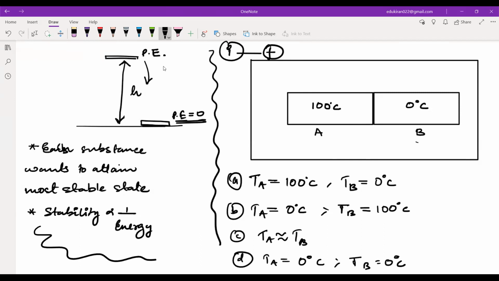So our idea of stability is incomplete. The energy is not changing, but it is still getting stable. It is gaining stability without any change in energy. And hence I can say our initial proposition that stability is inversely proportional to energy is incomplete. Yes or no?